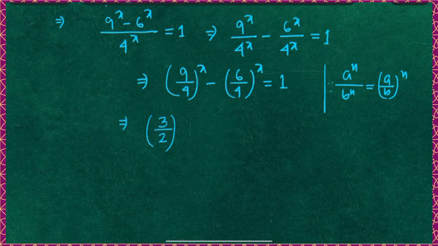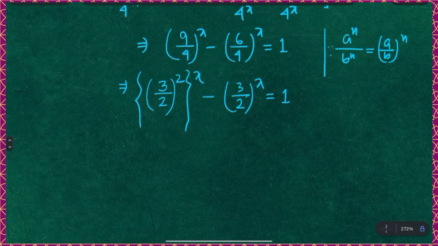So this can be written as (3 by 2) whole to the power x. And here 6 by 4 means 2 3s are 6 and 2 2s are 4, so it is 3 by 2. (3 by 2) whole to the power x equals 1.